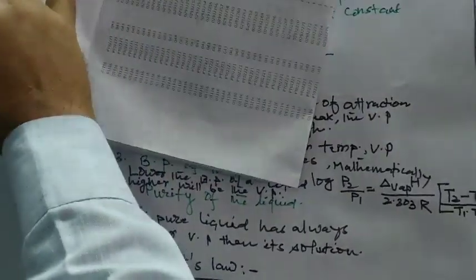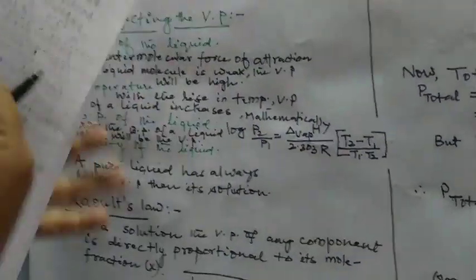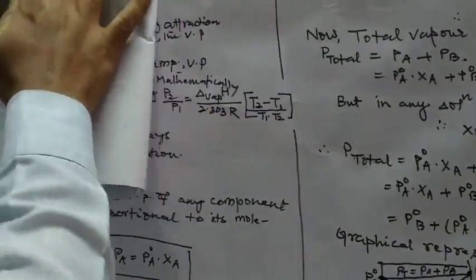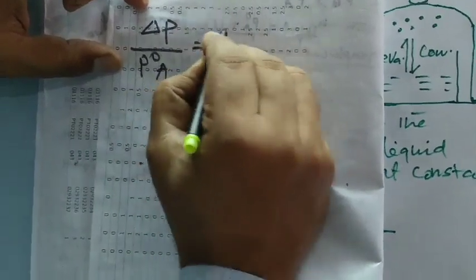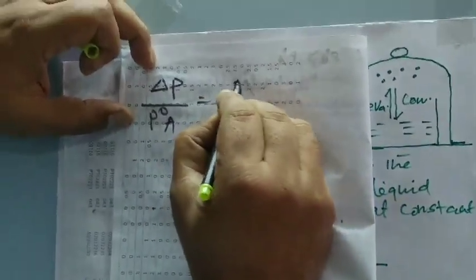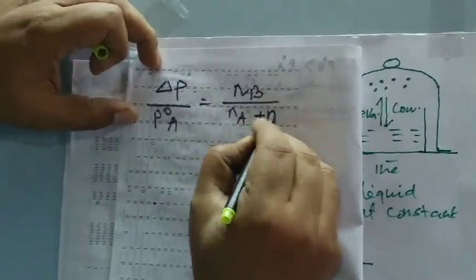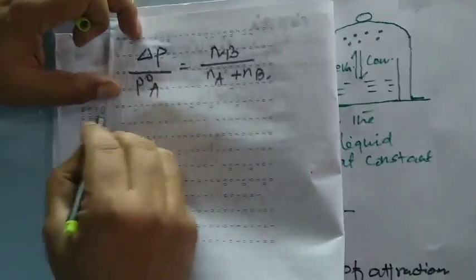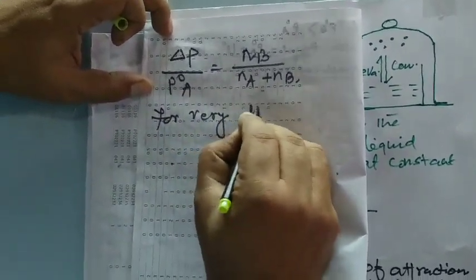Now, what will be the mole fraction? Relative lowering of vapor pressure, delta P by P naught A, will be equal to the mole fraction of B, meaning NB by NA plus NB. This is for a very dilute solution.